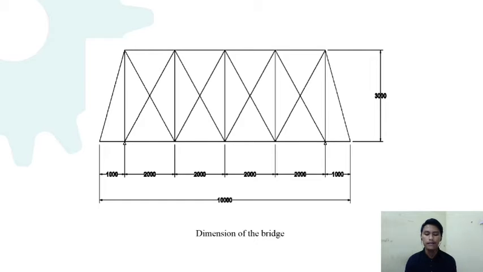The load applied to this bridge is a uniformly distributed load of 2000 kilograms, meaning 2 tons, over the total length of this bridge. The structure type of the design bridge is simply supported.